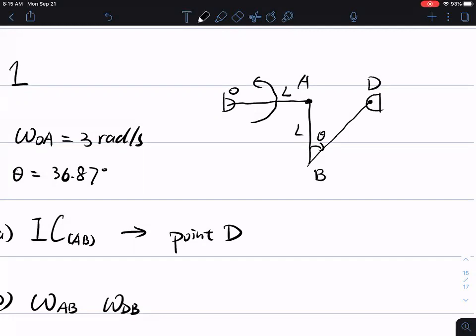Where is the instant center of the rigid body AB? Which point? Point D. So when you apply that equation, the distance must be from that point to its instant center, which is point D. Point B here is not an instant center for anything.